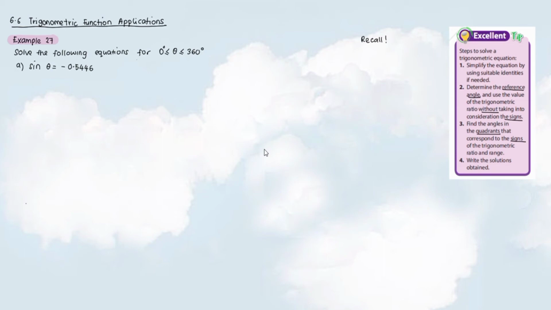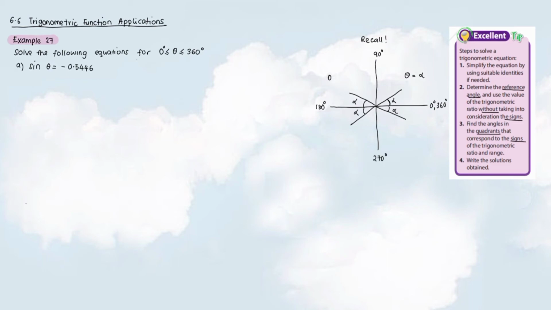So let's recall. Location of angles can be specified in terms of quadrants: 0, 90 degrees, 180 degrees, 270, 360. Here is the location of the reference angle on each quadrant. Quadrant 1, theta is equal to the reference angle.